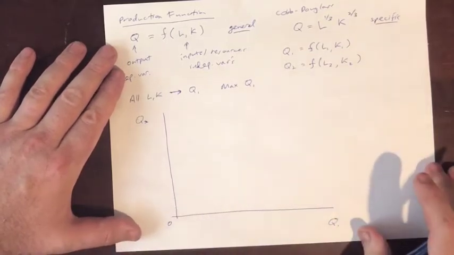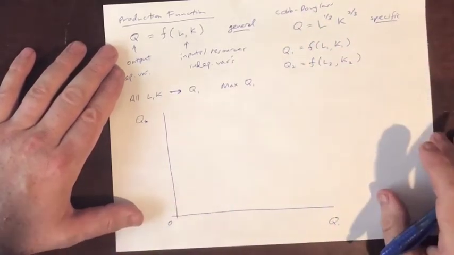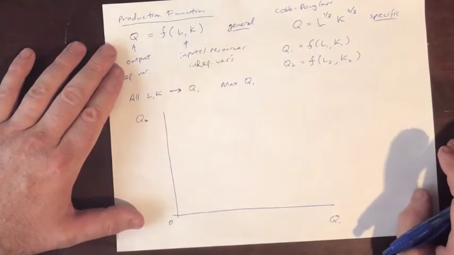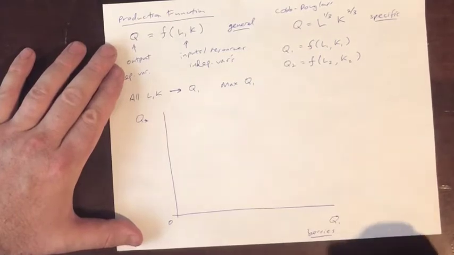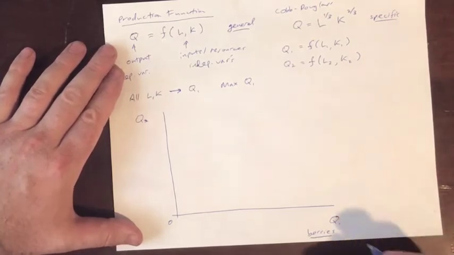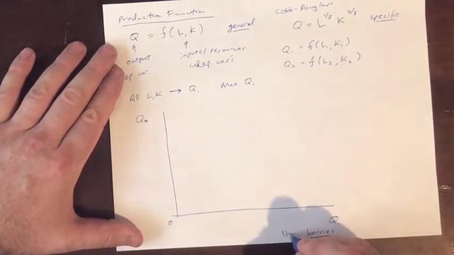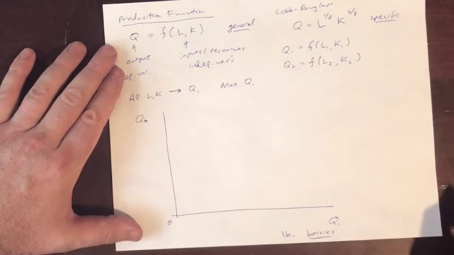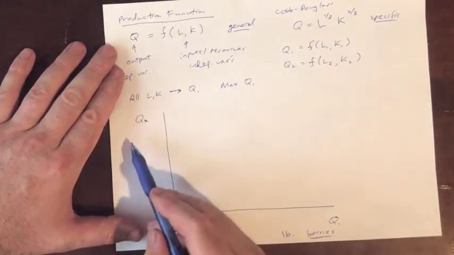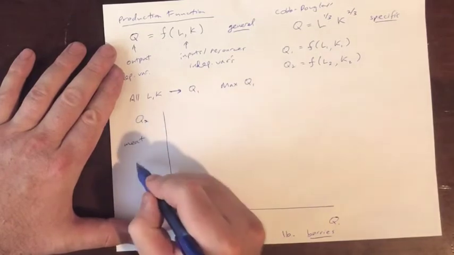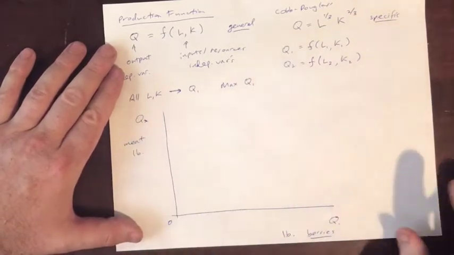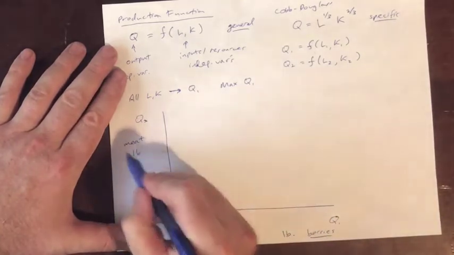Now, just to make this a little bit more specific, let's imagine that Q1 is berries. How do you produce berries? Well, you pick them. So this is the number of pounds of berries. And then Q2, let's say that Q2 is meat, again in pounds.